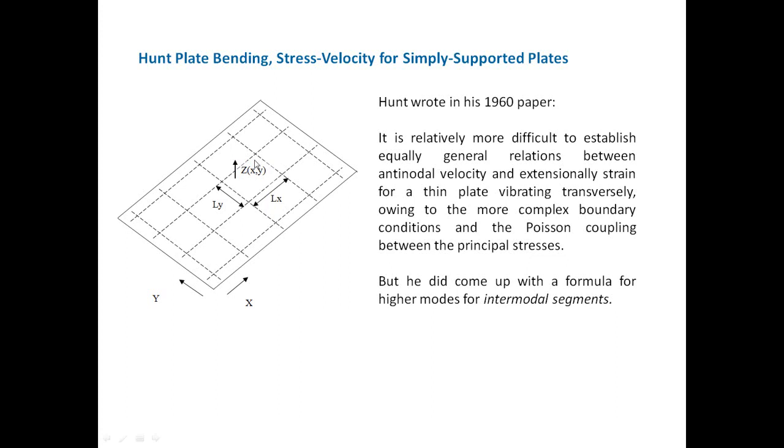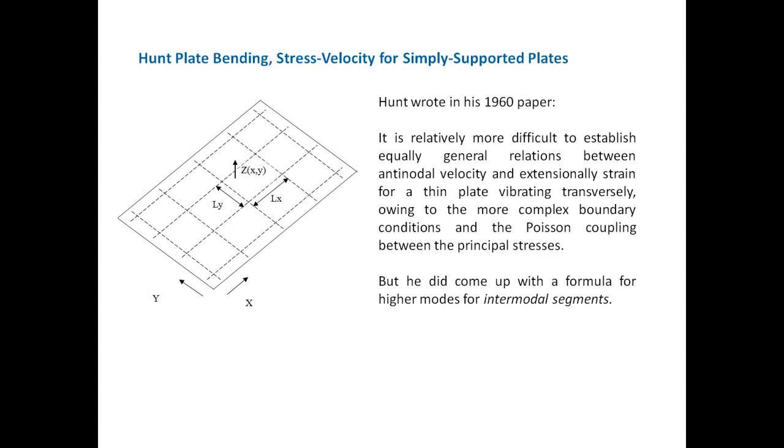Now these dashed lines here are the nodal lines, and the nodal lines are the lines at which no translation takes place. The equation I'm about to show you, I've verified that it works just for the fundamental mode of a simply supported plate. But for other boundary conditions, it does not seem to work out very well for fundamental modes.